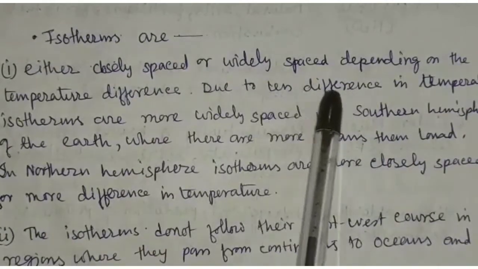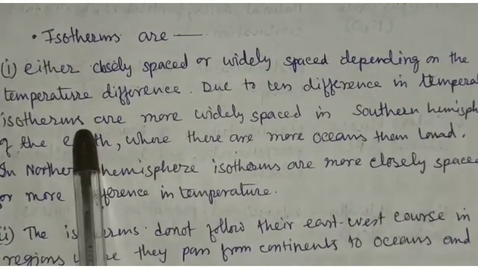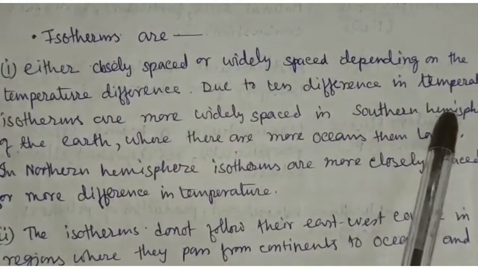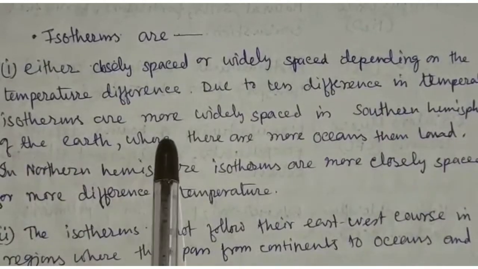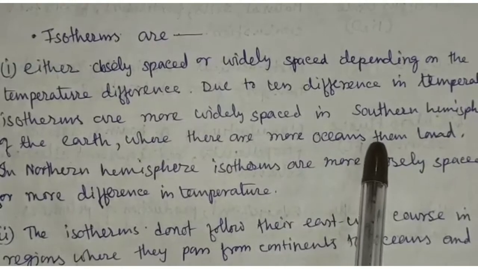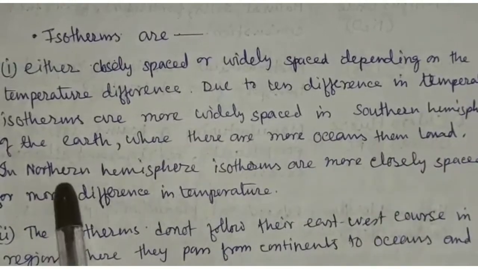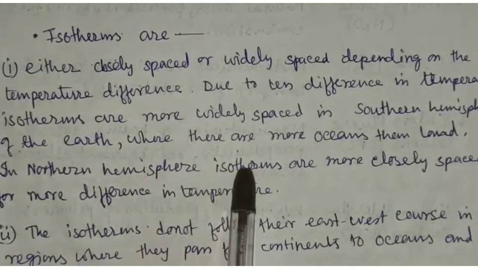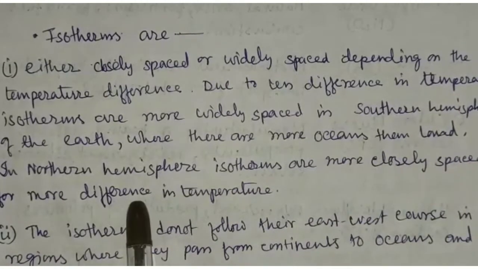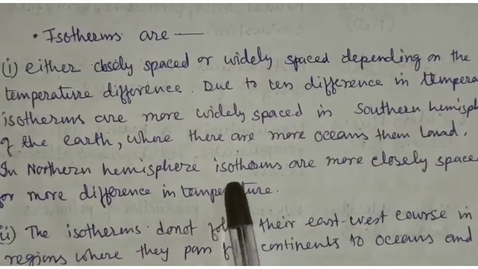Due to less difference in temperature, isotherms are more widely spaced in the southern hemisphere of the Earth, where there is more ocean than land. In the northern hemisphere, isotherms are more closely spaced for more difference in temperature.